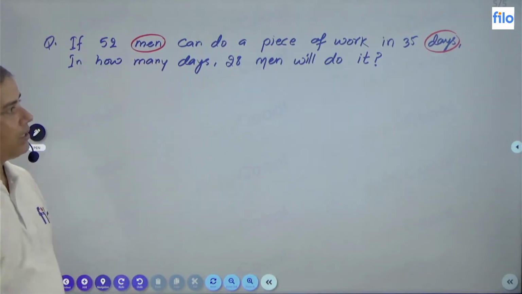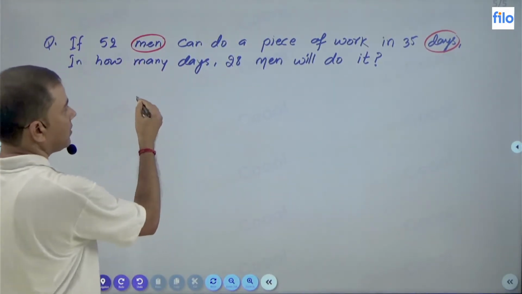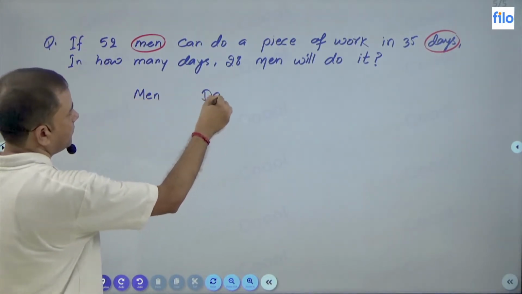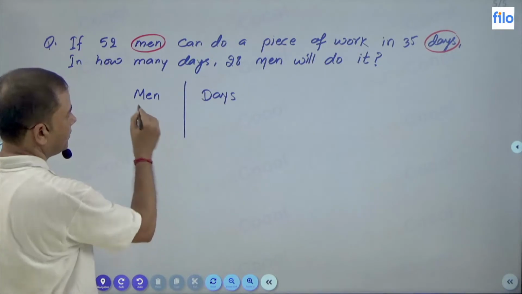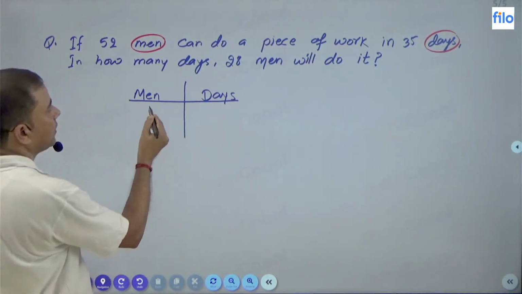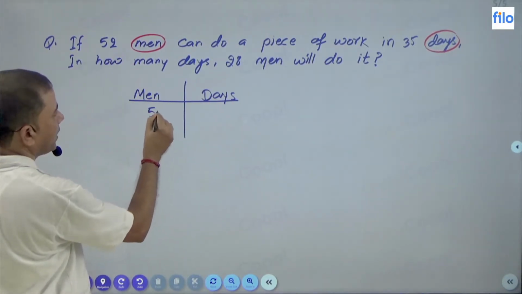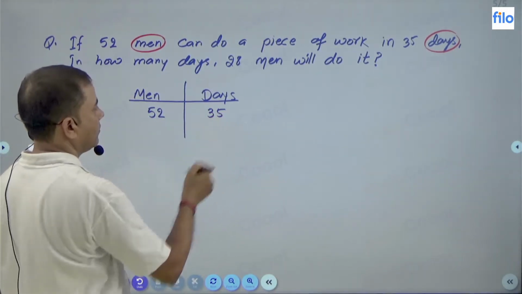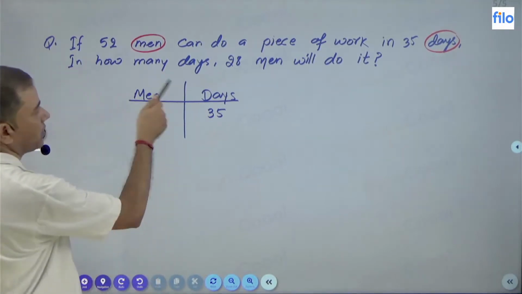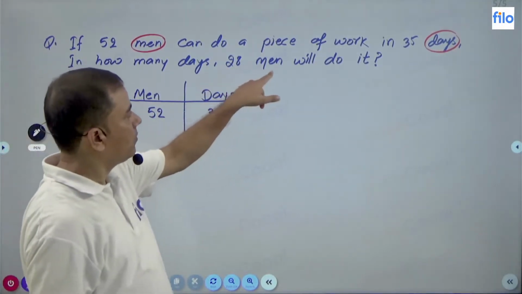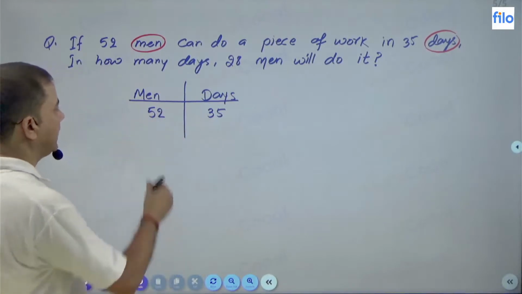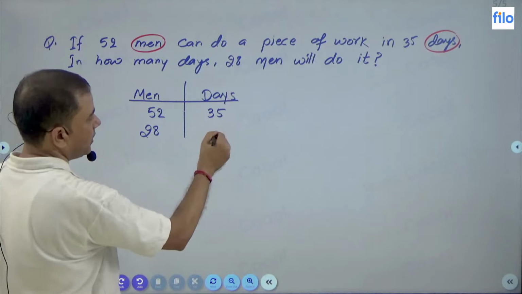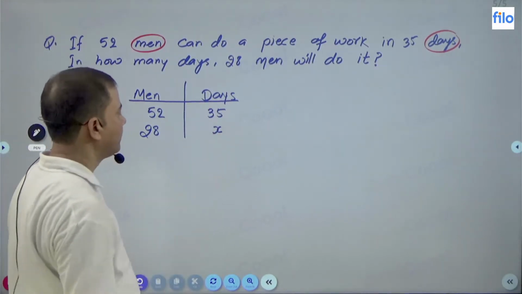Here men and days, that's the same thing. So let's make a table. Men, days. When there are 52 men working, they take 35 days. In the second line it says when 28 men will be working, how many days? For men it's 28, for days nothing given. So let's take x.